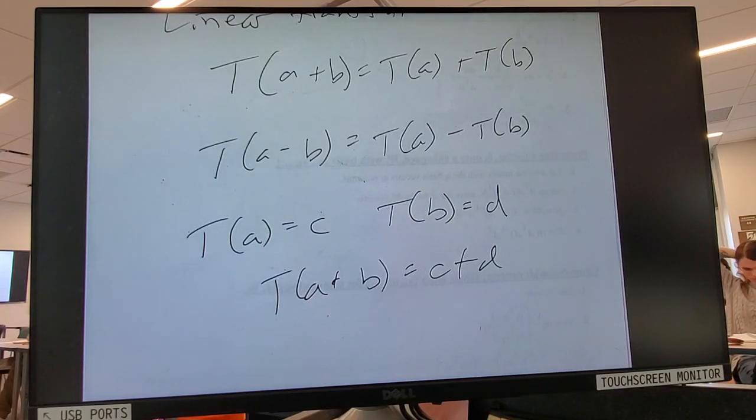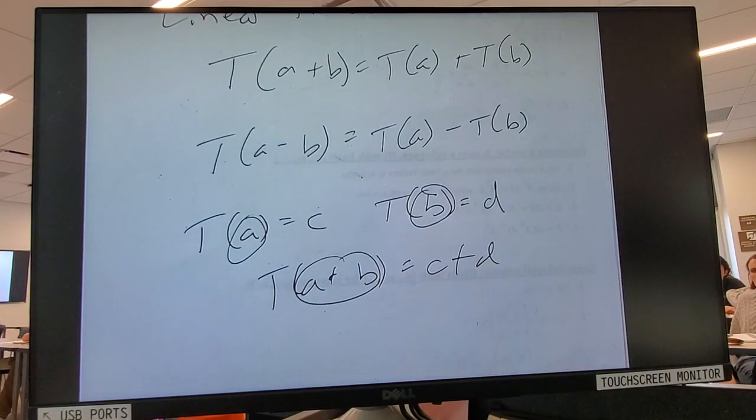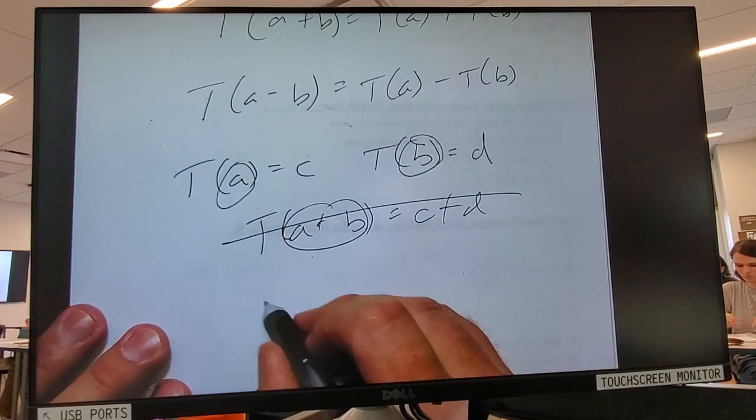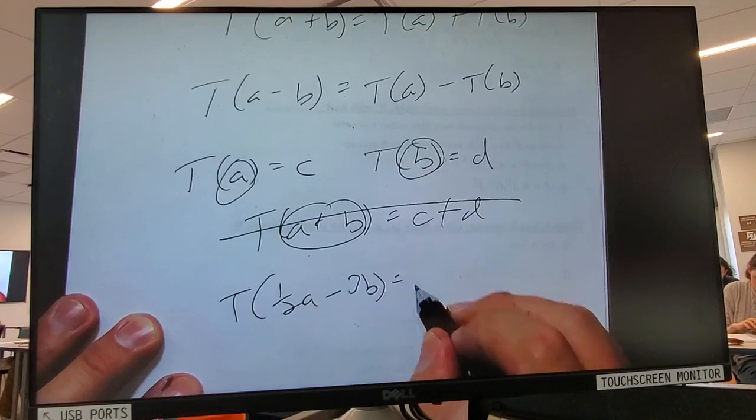So therefore, if I'm given information about these 2 inputs, and I'm asked a third input, if that third input is related to the 2 I was given, and in this case it has to be, because the 2 inputs I gave you are linearly independent from R squared. They span all of it. So it doesn't matter what I asked you next. You can always find how they relate to each other. You guys kind of with me? So for example, if I had given you T of a and T of b, and I said, what's T of 1/2 a minus 3b?